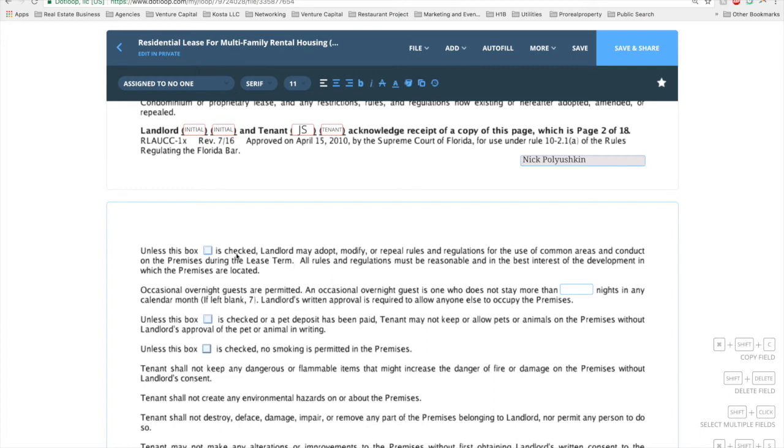So we will keep this box unchecked, and the landlord will have to notify their tenant of these changes, because sometimes they will be very important changes, and tenants will have to follow the new rules, for example on using the pool or using the gym, etc.